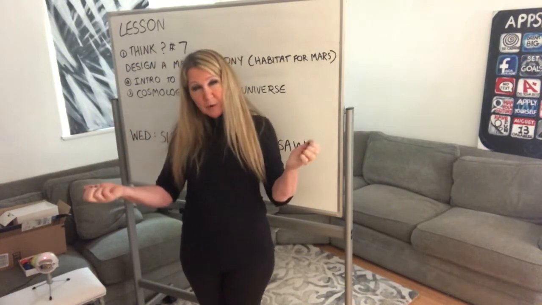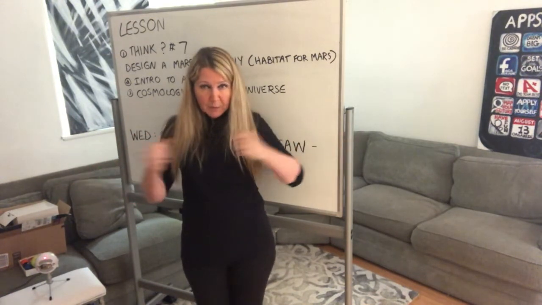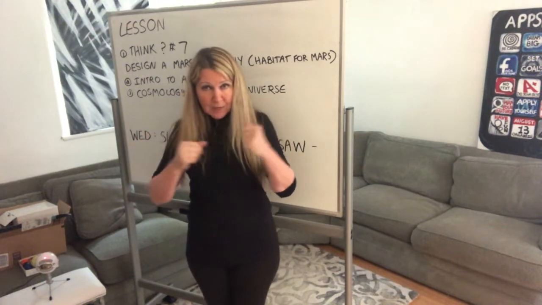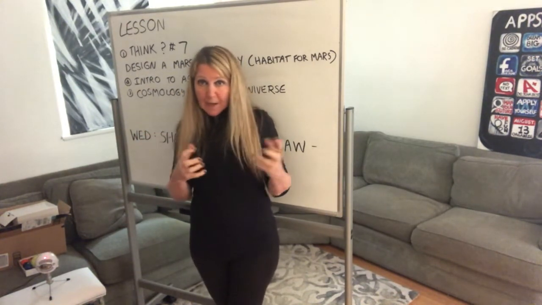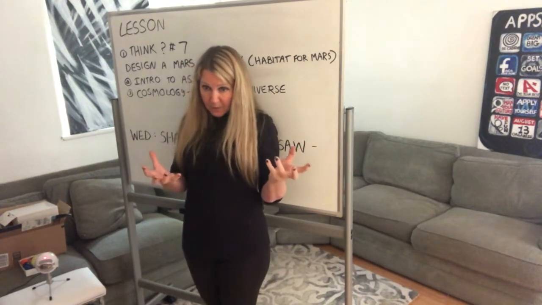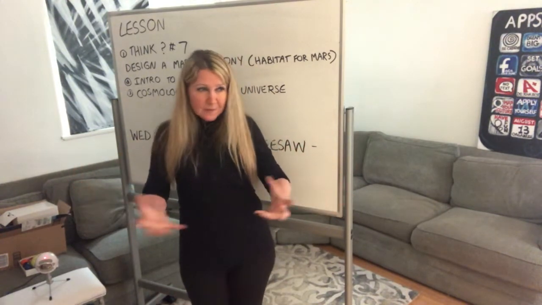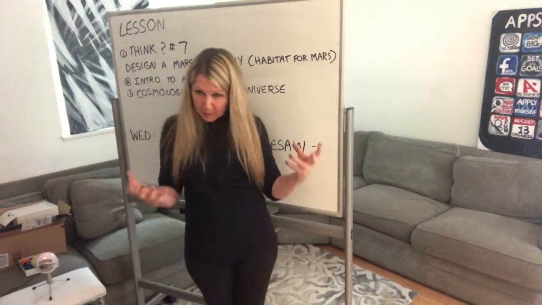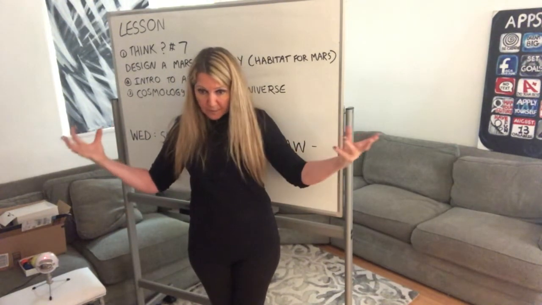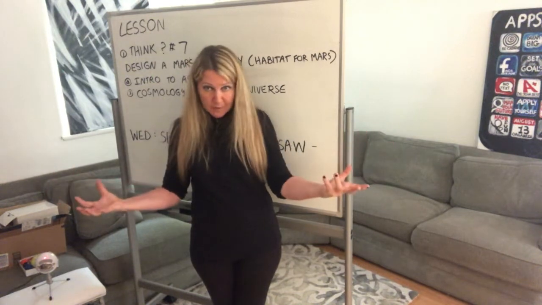For example, protons and neutrons come together. When they crash together, they form an atom. So all these dense balls of gas made of subatomic particles started to form atoms.